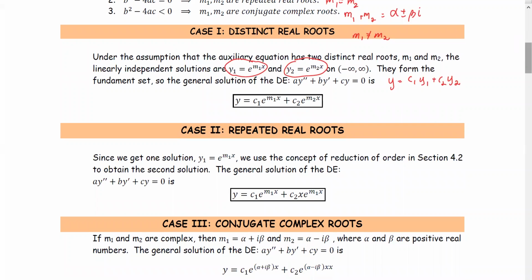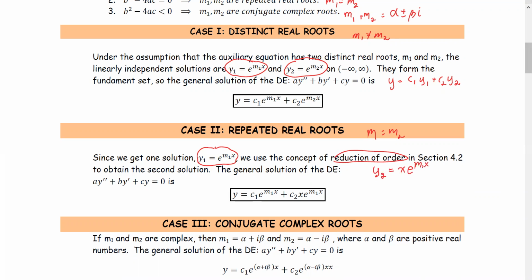Case 2, repeated real roots. m1 equals m2. For the known solution y1, as we did in section 4.2, we used the reduction of order method to obtain the second solution where y1 is known. So y1 is e to the power m1x. This process gives us y2, the second solution, as x multiplied by e to the m1x.